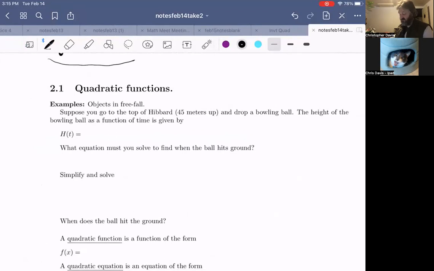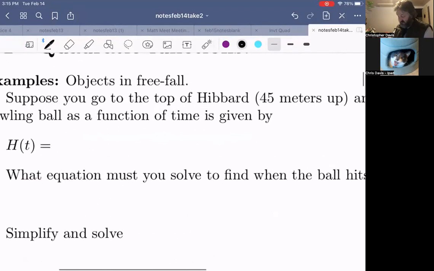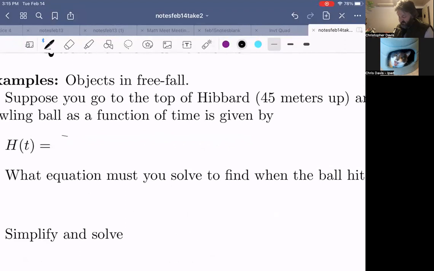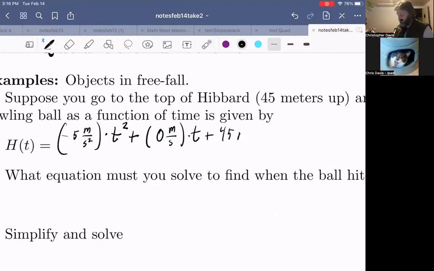The height as a function of time is given by some term coming from gravity, which is about -5 meters per second squared, times time squared, plus an initial velocity, 0 meters per second, times time, plus 45 meters.